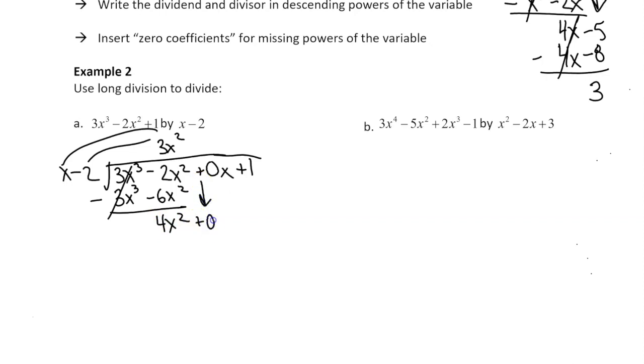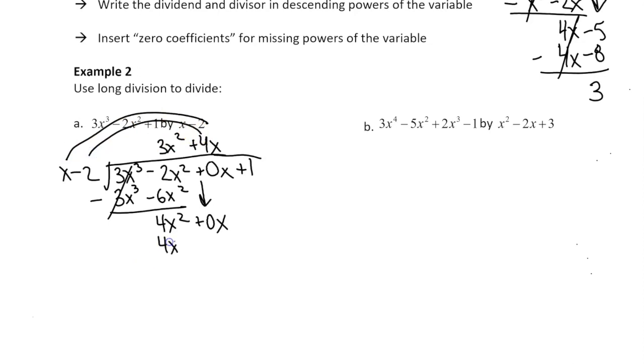Bring down the 0x, and we're going to repeat this process where we play 2 on 2 again. X times blank equals 4x squared. X times 4x equals 4x squared. And then we would say 4x times x and 4x times negative 2.